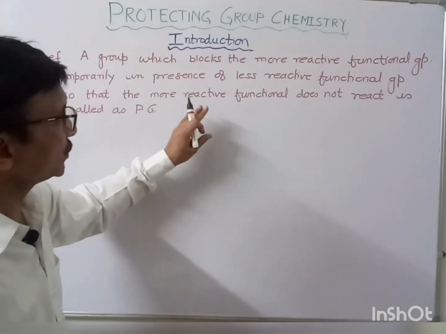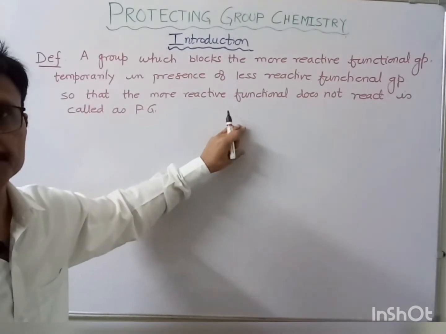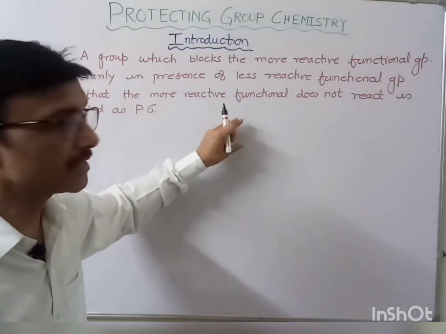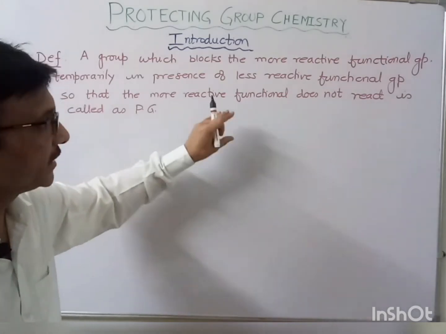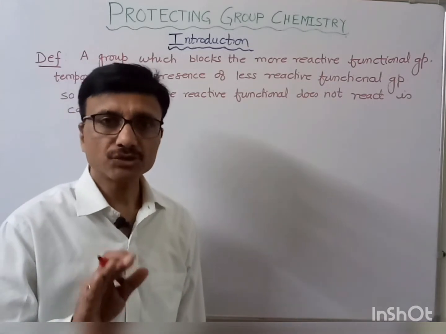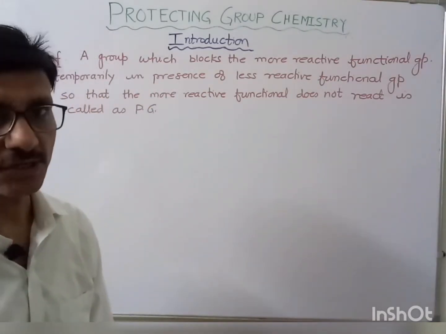Now, first we have to protect the functional group to get the desired molecule, to get the desired product, and then after getting the desired product, we should deprotect that functional group.